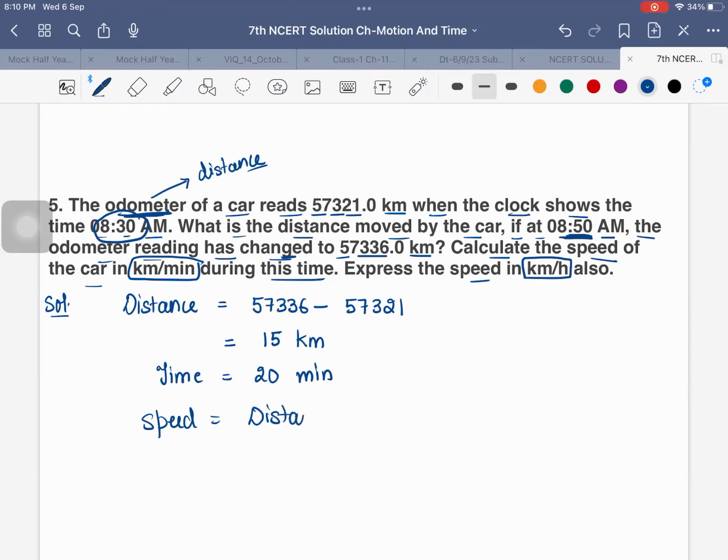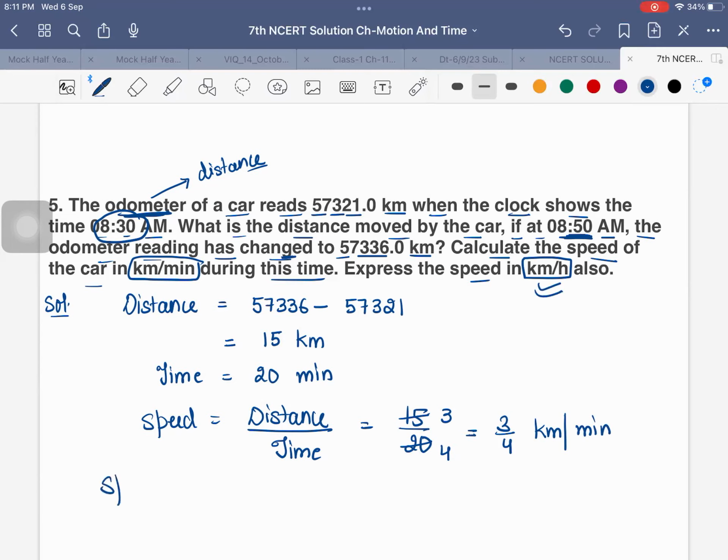The formula for the speed we already discussed in above question. It's distance upon time. So distance is 15, time is 20. When we solve it, we get 3 upon 4 kilometer per minute. Next, we have to find the value in kilometer per hour also.